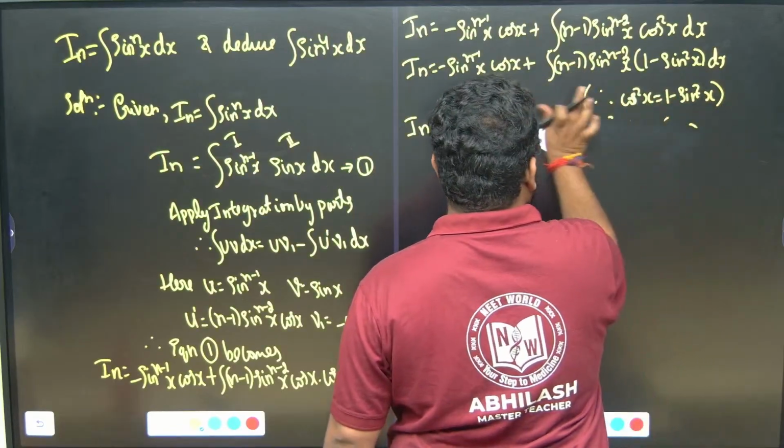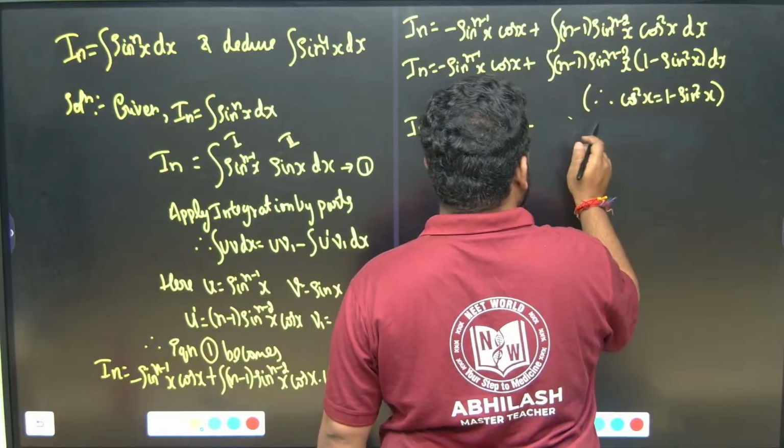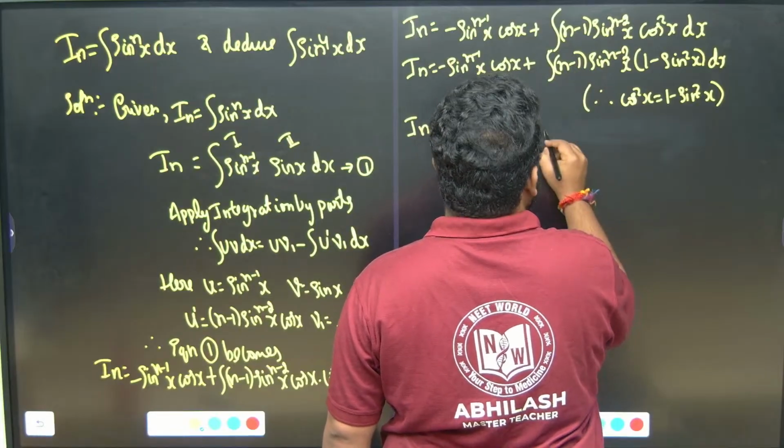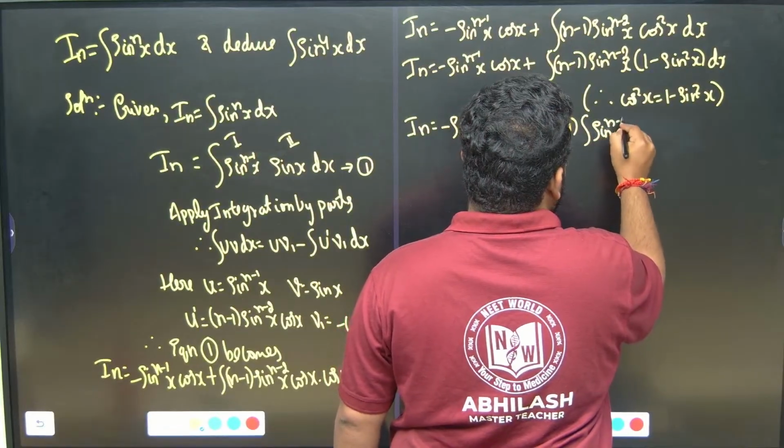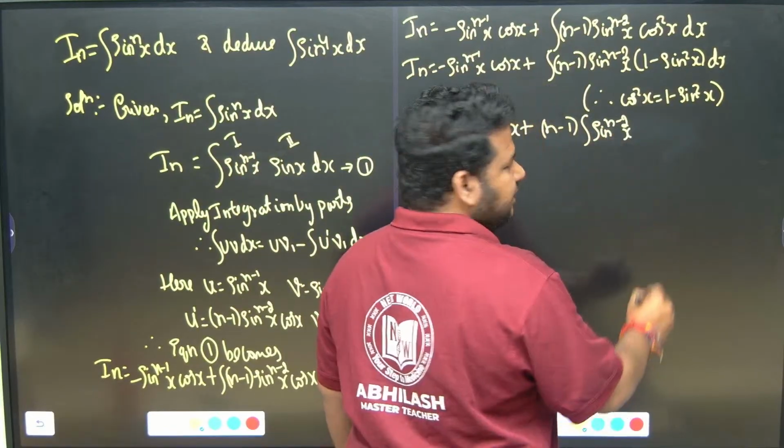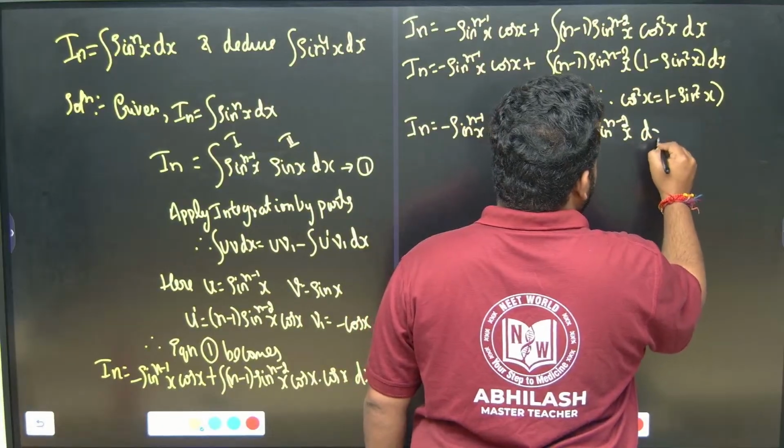Let me take n minus 1 outside since it is constant. So n minus 1 into integral of sin^(n-2) x dx.